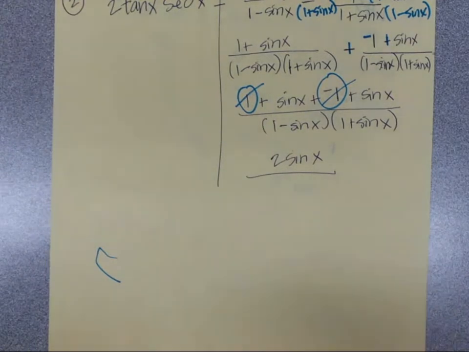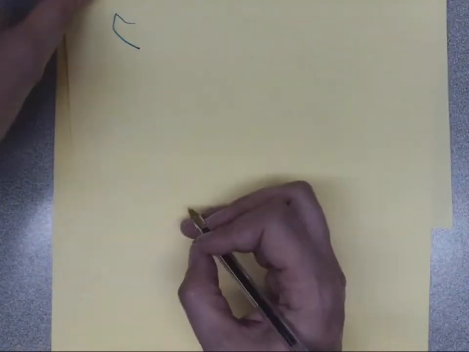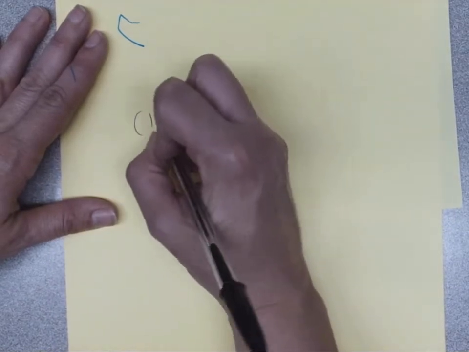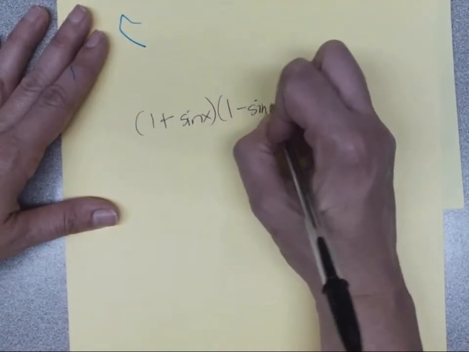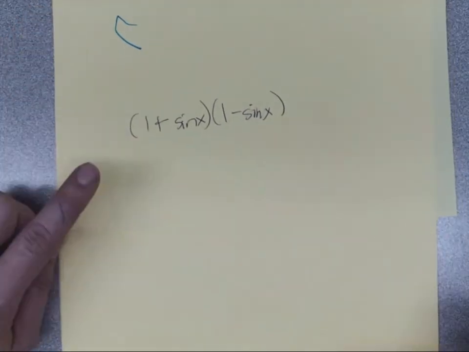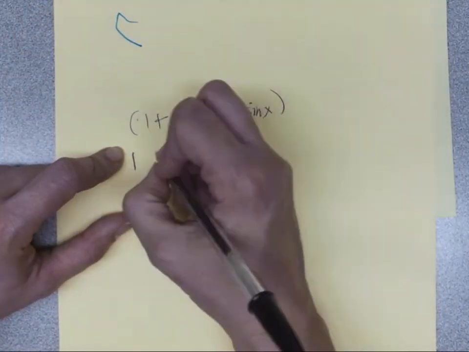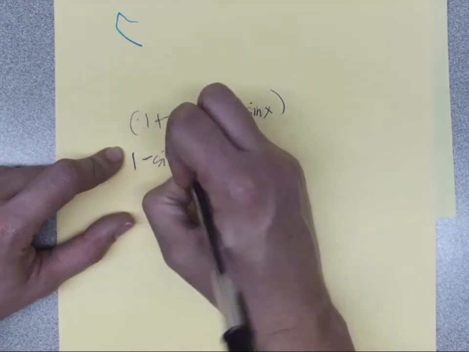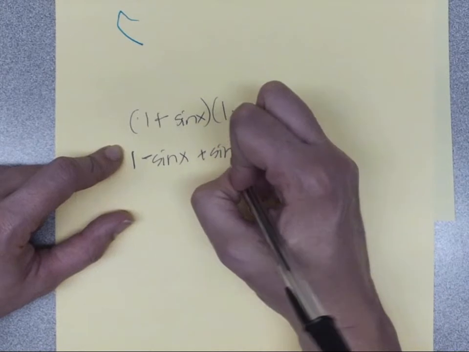Okay, and if you didn't recognize any of those things, you could also think about it as, let's just multiply it out. 1 plus sine x times 1 minus sine x. When you FOIL or distribute, 1 times 1 is 1. 1 times negative sine x is negative sine x. Sine of x times 1 is positive sine x.